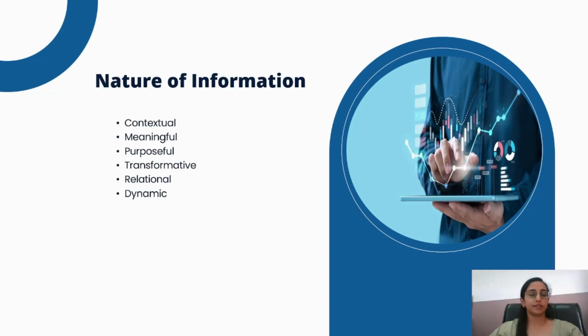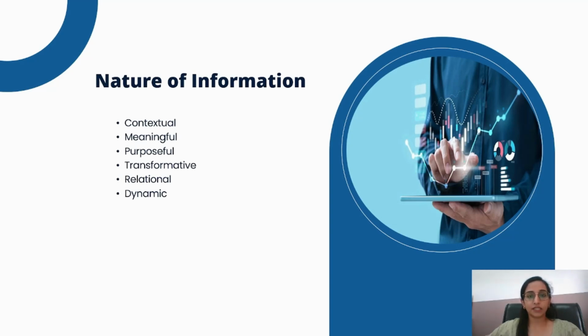Our next topic is nature of information. The nature of information can be explored through several key characteristics. First is contextual, second meaningful, next we have purposeful, followed by transformative, relational, and dynamic. We will discuss one by one.